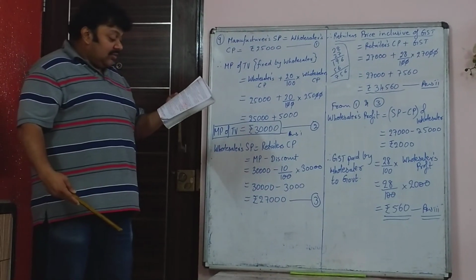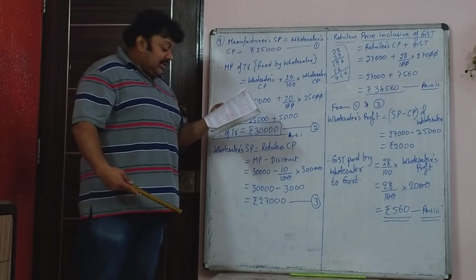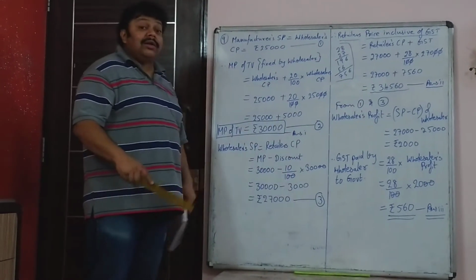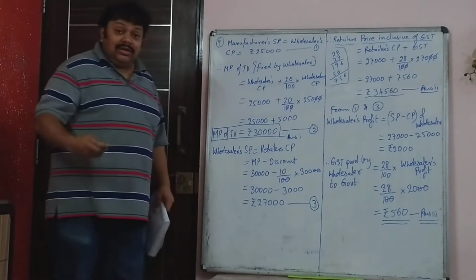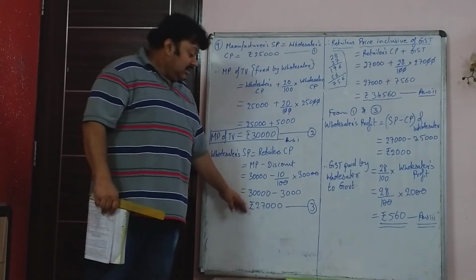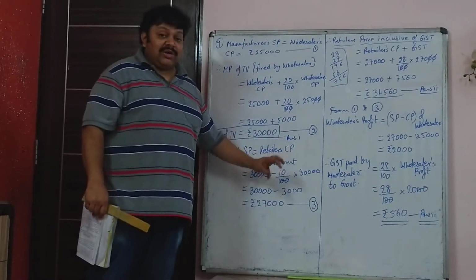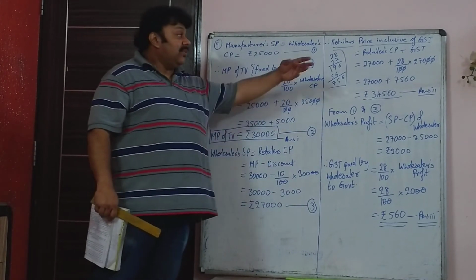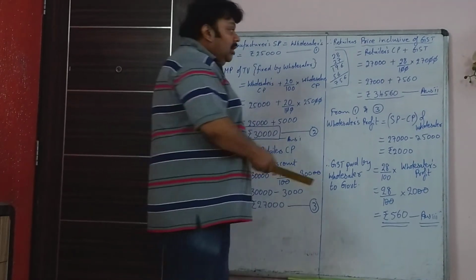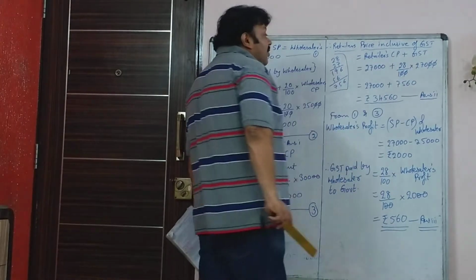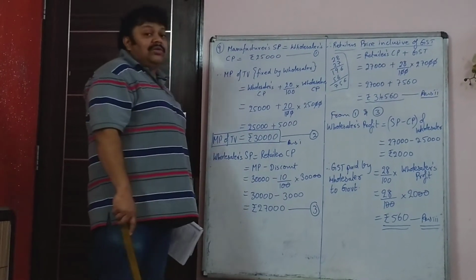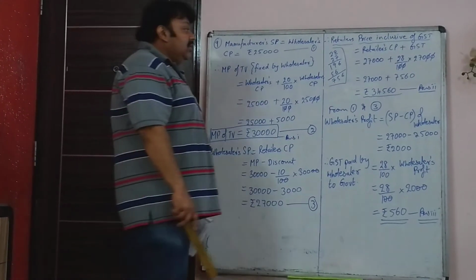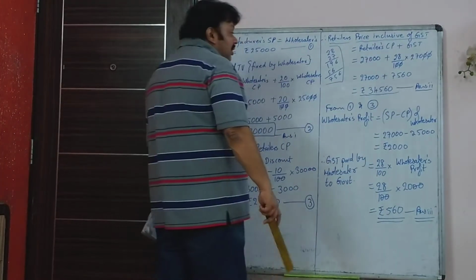Now they have asked you, what is the retailer's cost price including tax? So he is paying 27,000, but on top of that, this is only the cost price. The cost price does not include the tax. He is paying tax extra. 27,000 plus 28% is the tax rate in the sum. So 28% of 27,000 is 7,560.